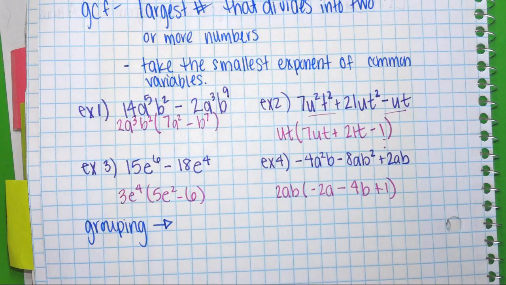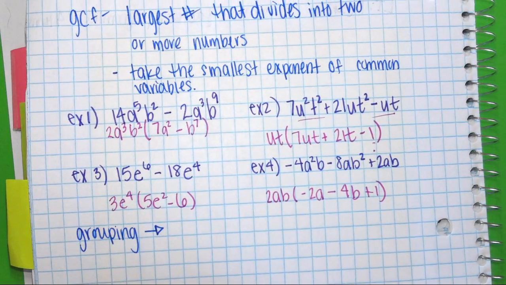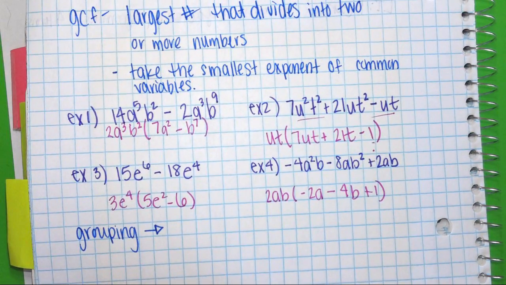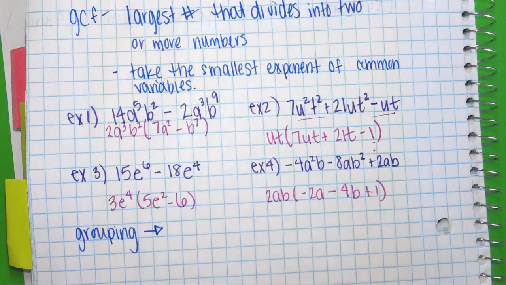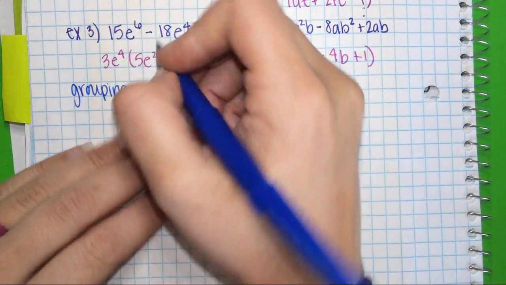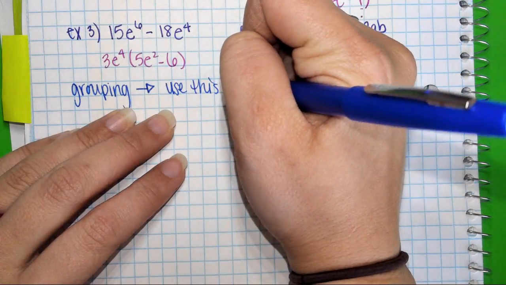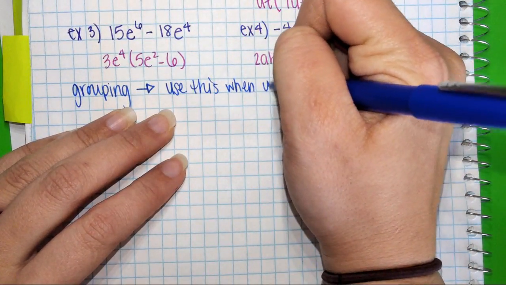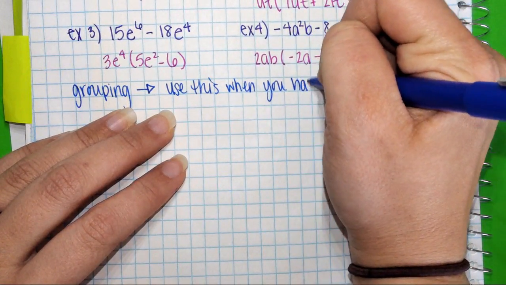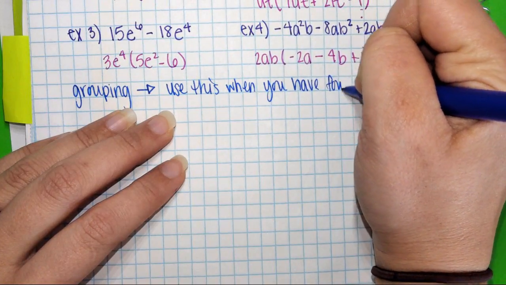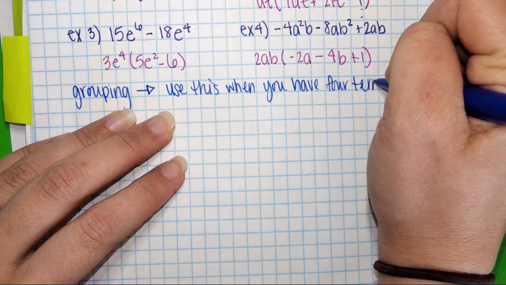It's a yellow foldable. 4 terms. Take a point. Use this when you have 4 terms.